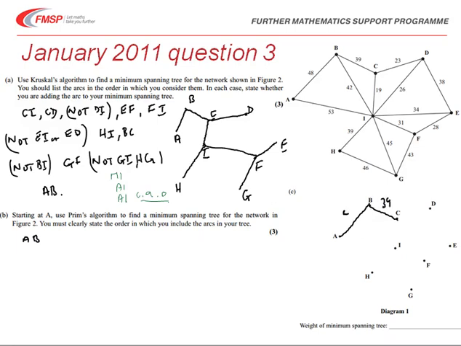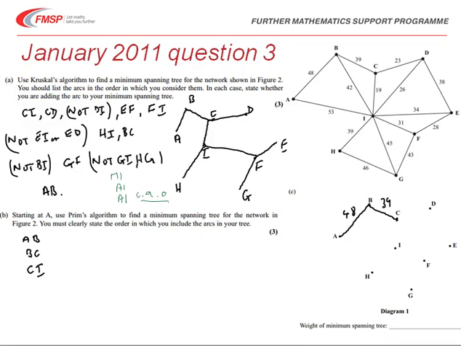Now, of course, having already got our minimum spanning tree, it's going to help us to do this part of the question. So from AB, we've got BC. And then the shortest one after that is from C to I, which is 19.